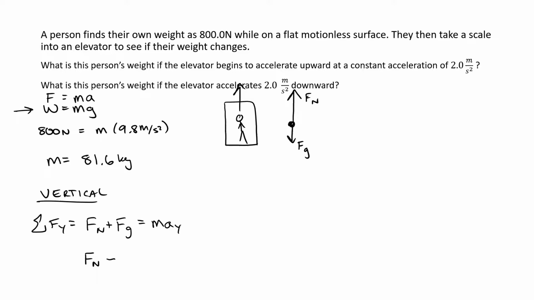So I can say this value right here is 800 newtons downward. And then the mass of the person times how they are moving at that moment. In this instant, they are accelerating upward, and so that will be a positive acceleration upward. Up and to the right are always positive.